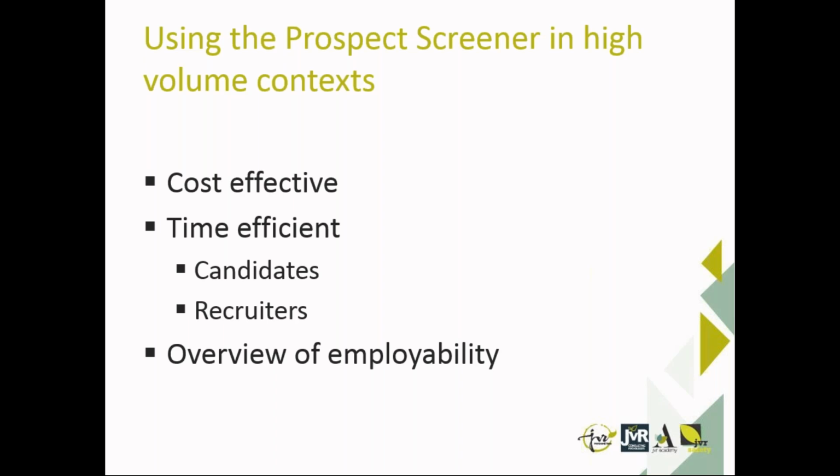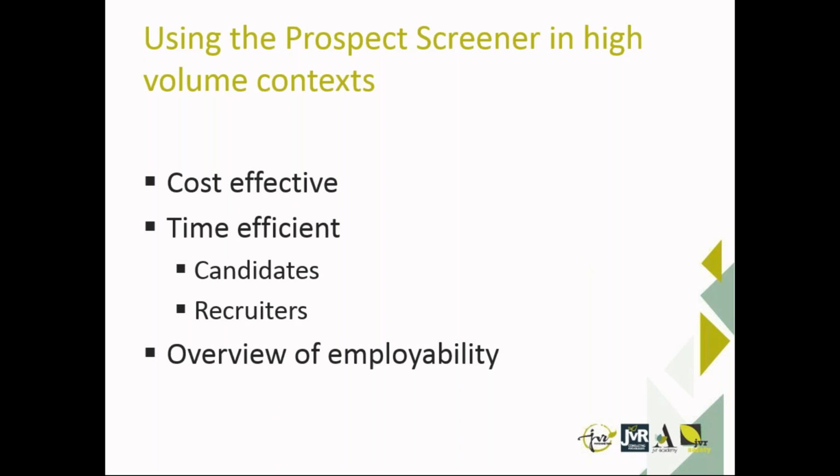Another question was, why would I want to use the prospect screener in a high volume context instead of another assessment? Well, the prospect screener has been developed in South Africa, firstly, and it is far cheaper than some of your other assessment methods. It's very quick to do and it's cost effective, so that is why you should be using it in your high volume context.